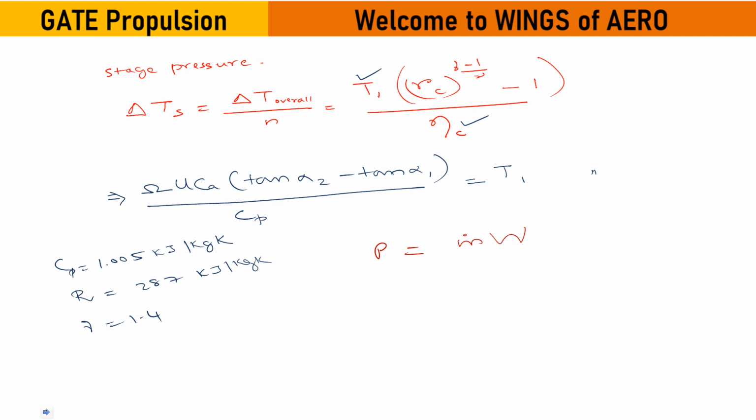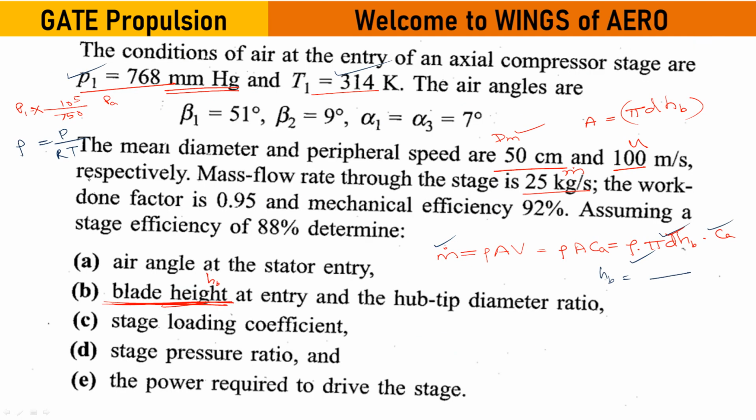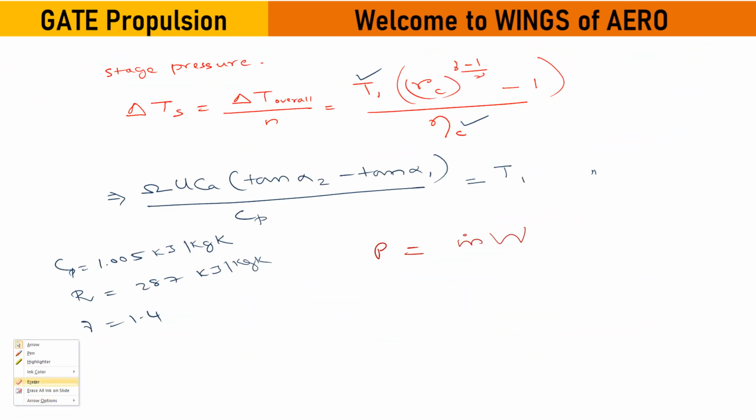And as here in the question, notice they have provided mechanical efficiency. So we need to divide by eta mech. Once we use this, we will get the answer in kilowatt.